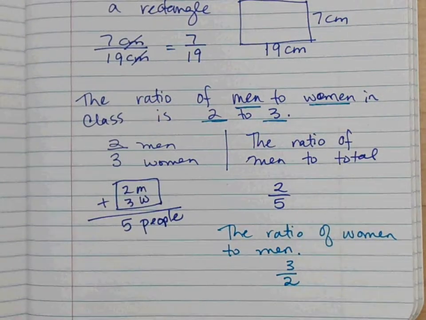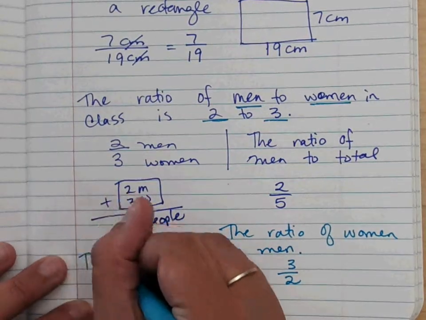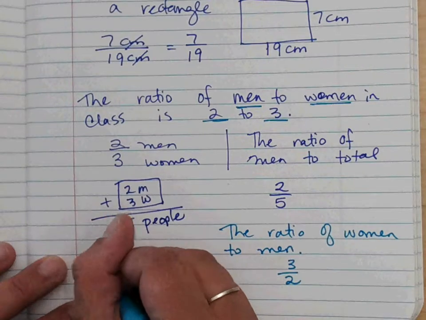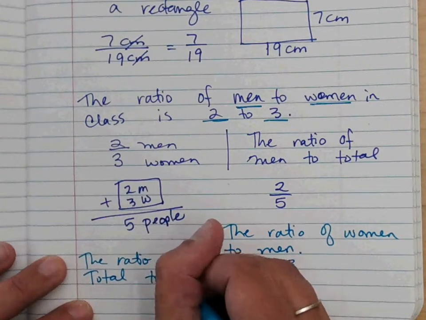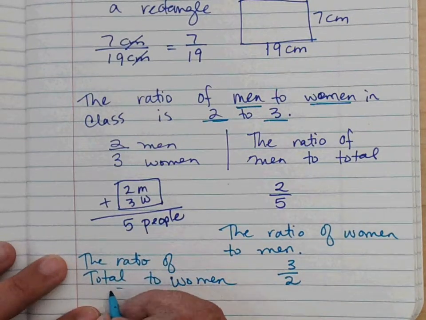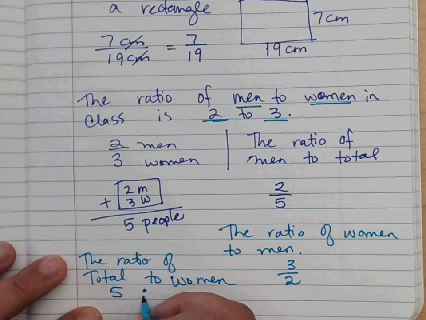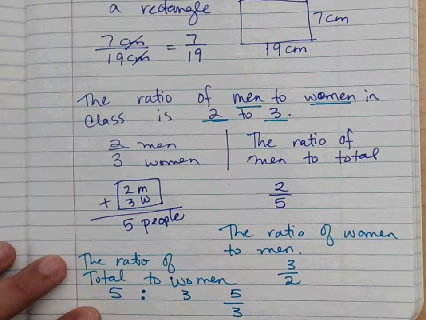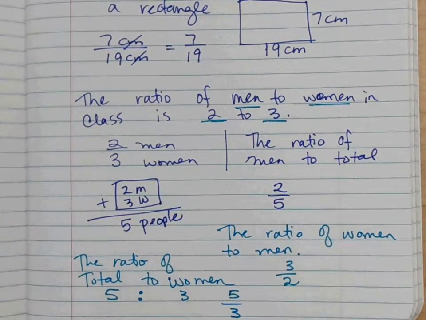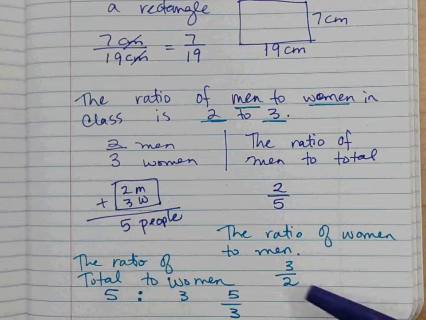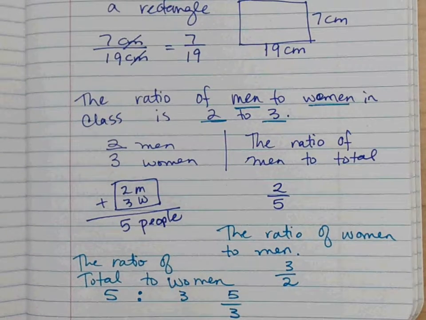And again, I could say maybe I want the ratio of total to women, which would be 5 total to 3 women, or 5 over 3. And for these examples for ratios, we're not going to want to change them to improper fractions, because that would just look kind of weird. I wouldn't really be able to maintain who is who.